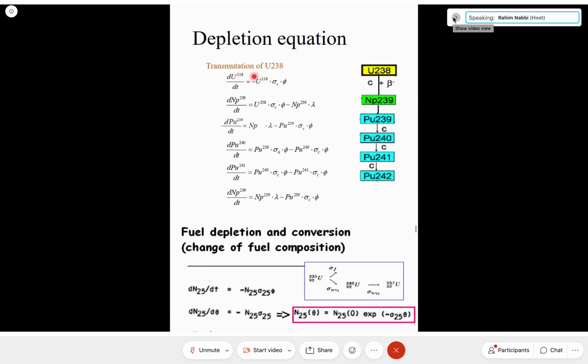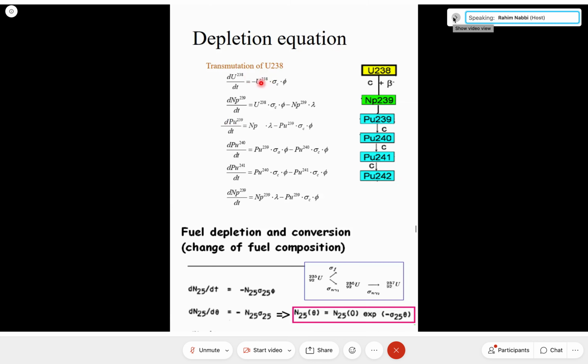This balance equation or differential equation is very simply solvable if phi, that means the neutron flux at the position of this fuel element or this fuel radionuclide, is constant.